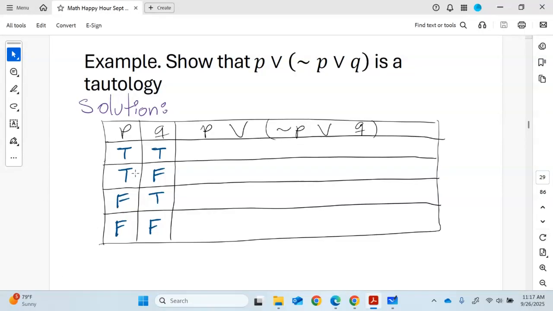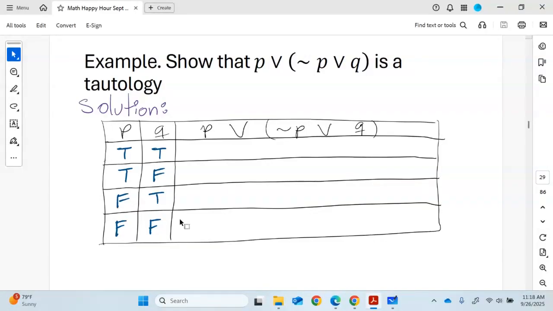If you read almost any book, they would do it exactly the same way. There's a pattern to it, which helps us make sure that I have all four different combinations: true, true; true, false; false, true; false, false. If you change the order, make sure that you have all four different ones. Do not repeat combinations.